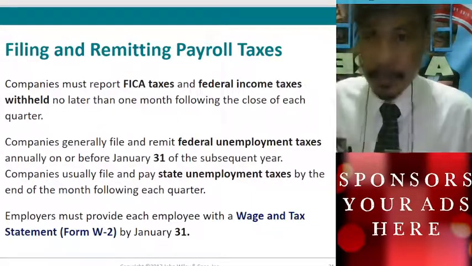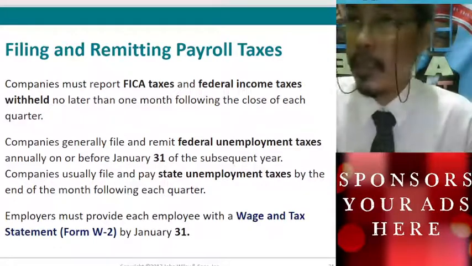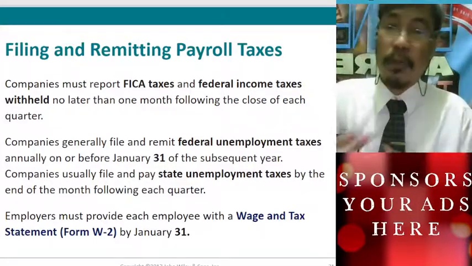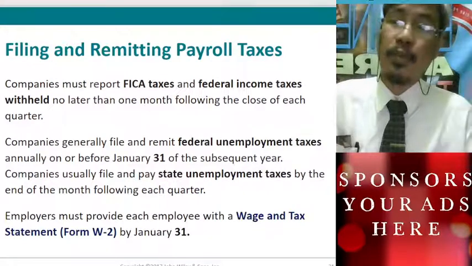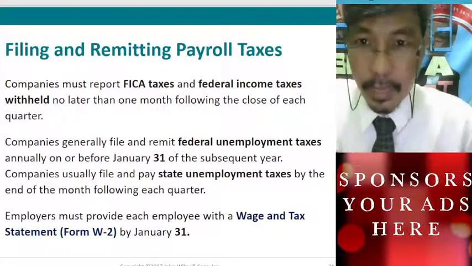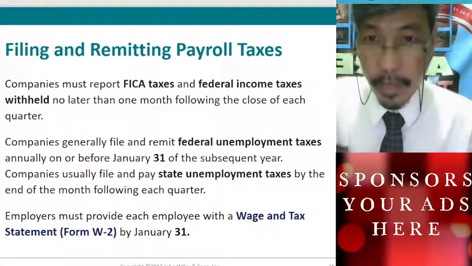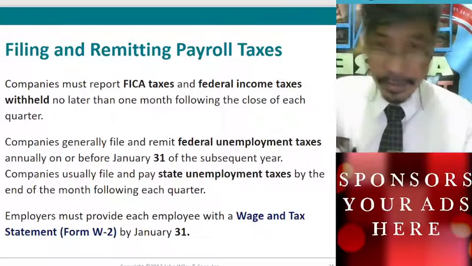In our country, for taxes that are to be paid yearly, we have 1 quarter plus 1 month, so actually 3 to 4 months after. In the United States, they only have 1 month allowance.